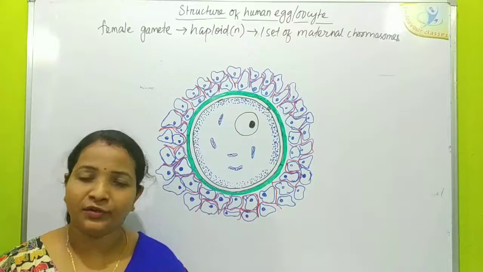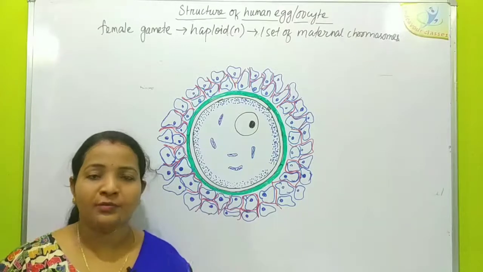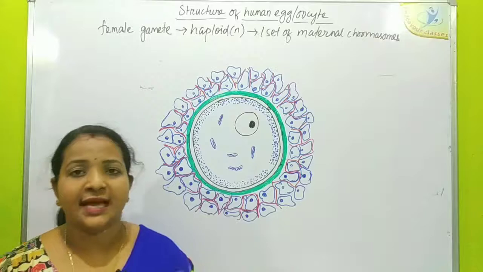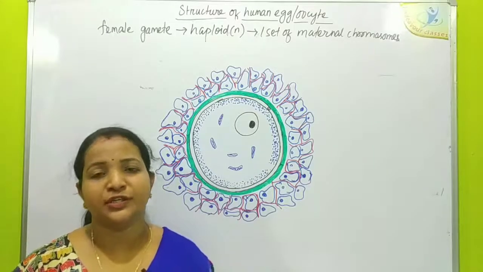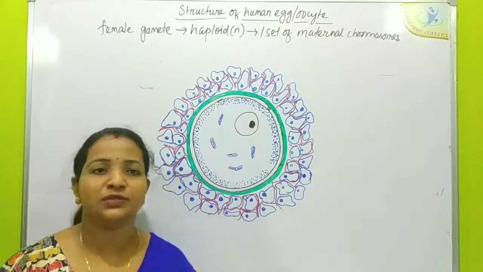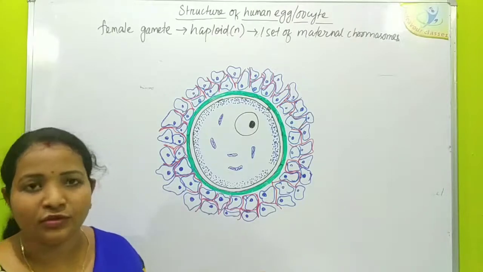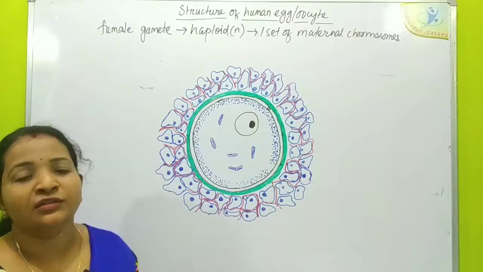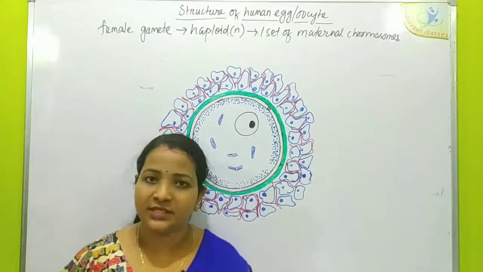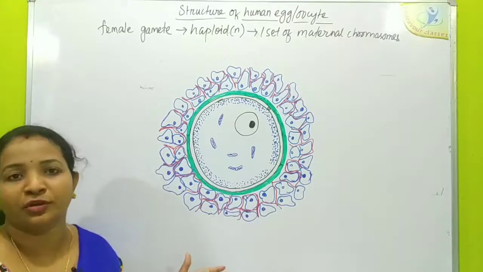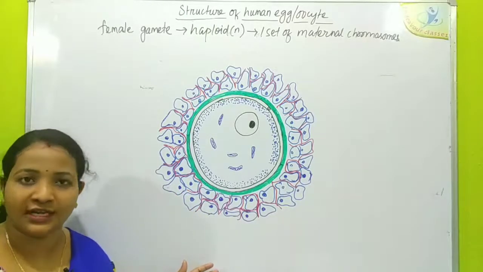So at the end of fertilization, when one sperm and one ovum meet and fuse, a zygote is produced which contains 2n chromosomes. That means 23 plus 23, it becomes 46. So in the zygote the chromosome number is 46, which is specific for the human species. This haploid nature of gametes helps in restoration of chromosome number at the end of fertilization.